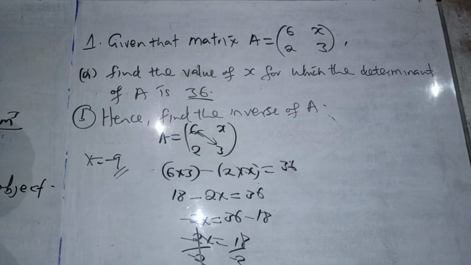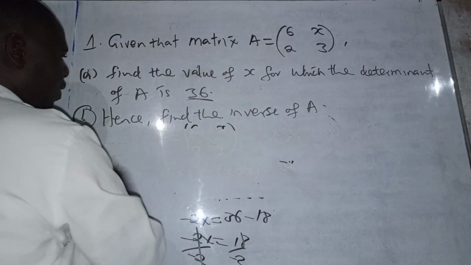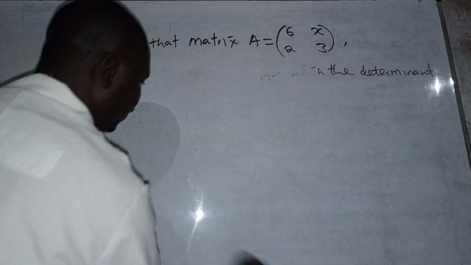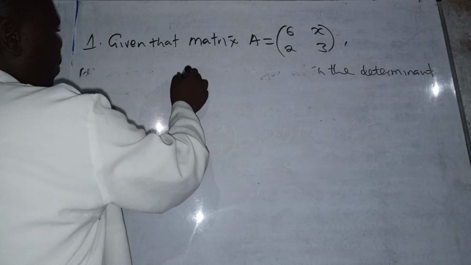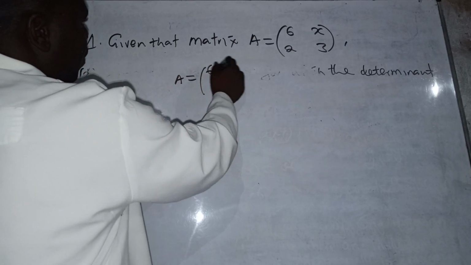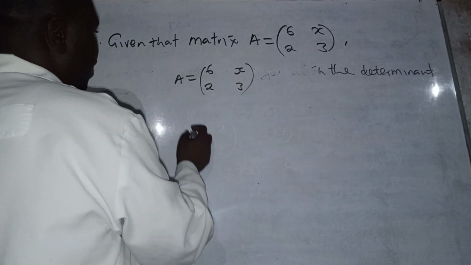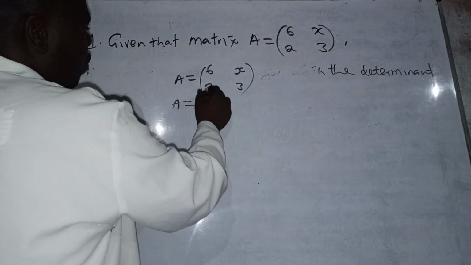Hence, find the inverse of A. So remember what I said in the previous video. When finding the inverse, we need to come up with a matrix. Matrix A is equal to 6, 2, x, 3.